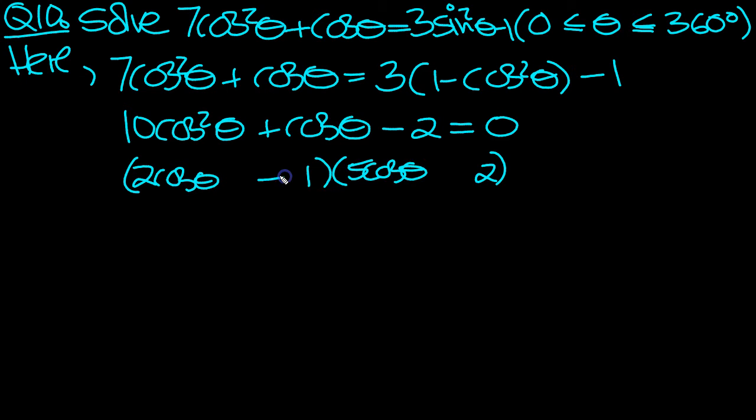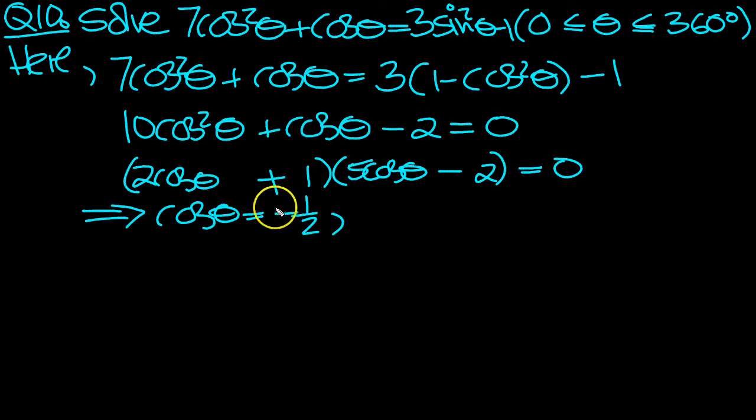So if that's a plus and that's a minus, let's just double check that now. 10 cos squared theta, which is here, minus 4 plus 5 is plus 1 cos theta, and then minus 2. Yeah, that's fine. This tells us then cosine theta must equal minus 1/2 for the first bracket when that equals 0. And this one tells us that cosine theta is equal to 2 over 5.